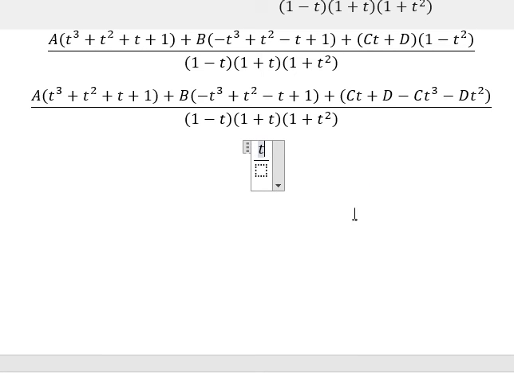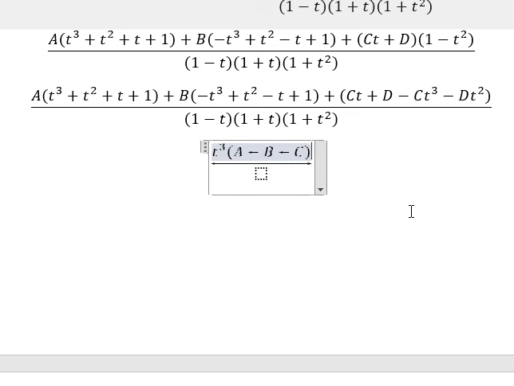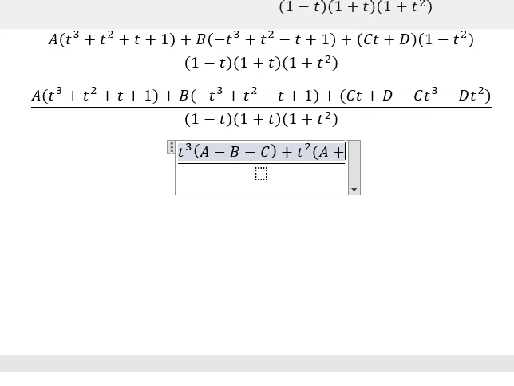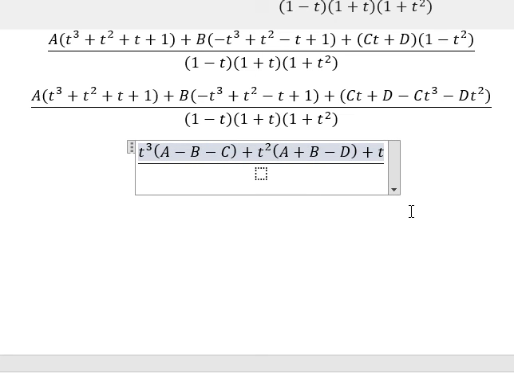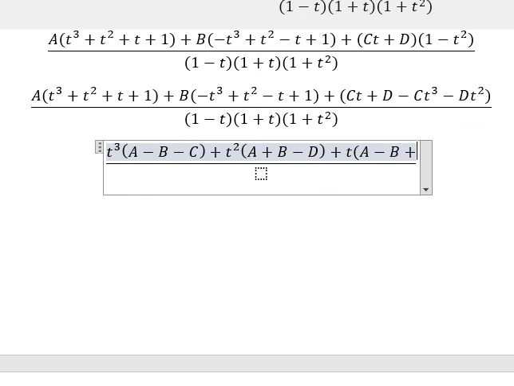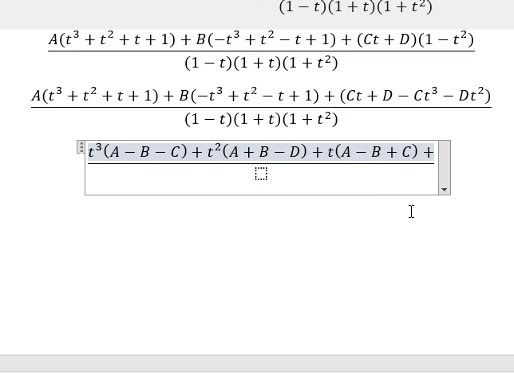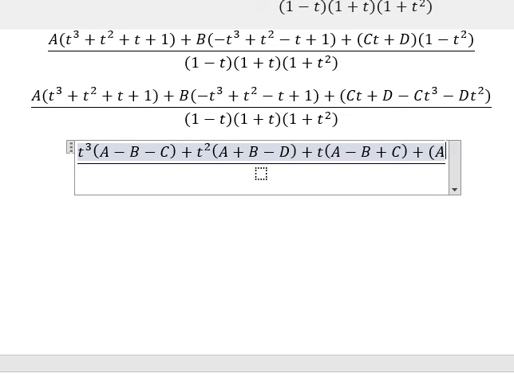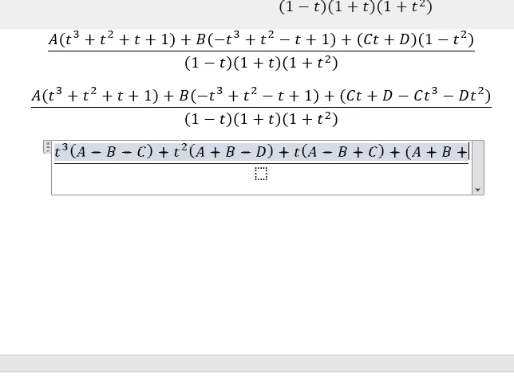About t to the power of 3, we have A, negative B, negative C. About t squared, we have A plus B minus D. About t, we have A minus B plus C. About the numbers, we have A plus B plus D.